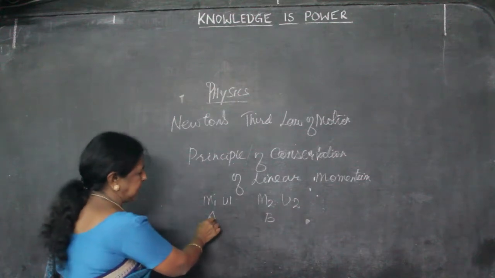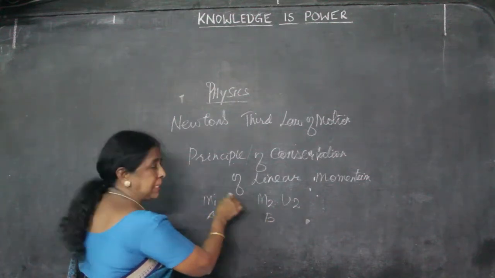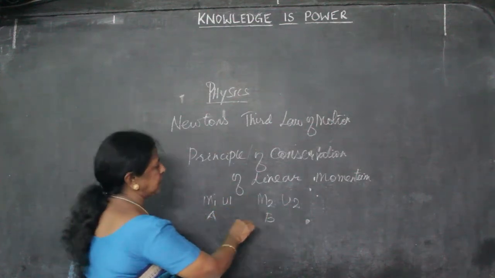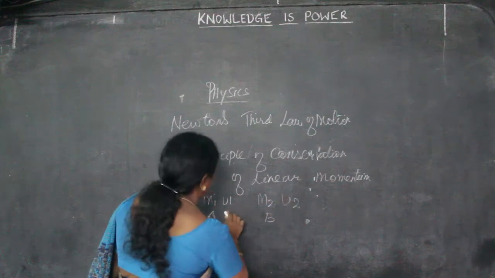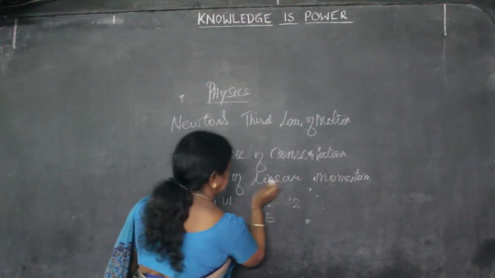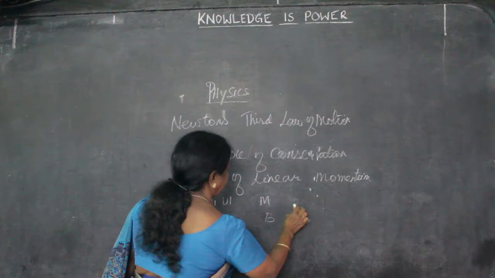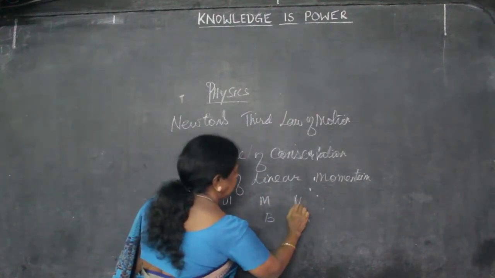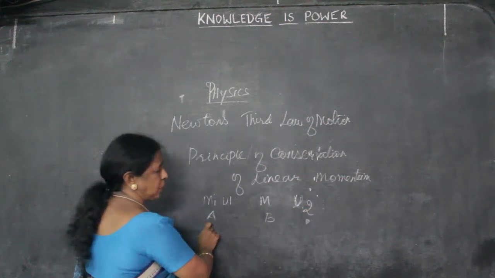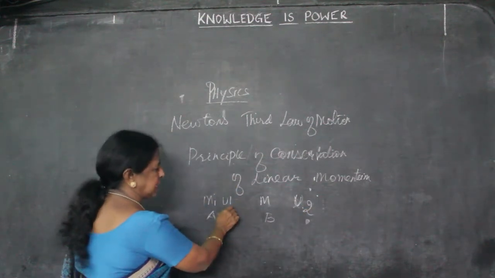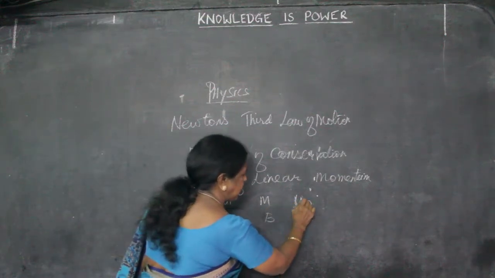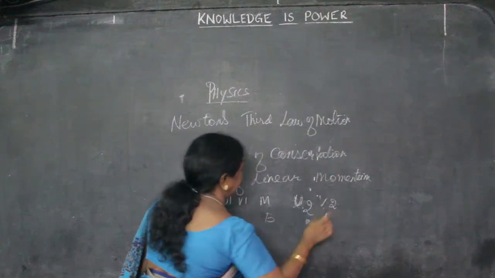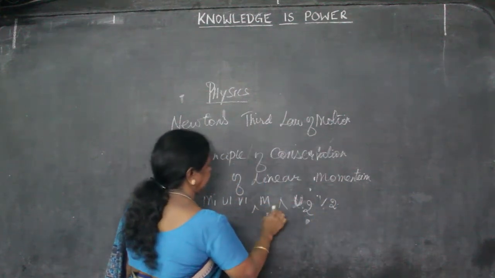So the first one is object A, the other one is object B. Initial velocity of object A is u1 and its final velocity is v1. For the second object B, the initial velocity is u2 and the final velocity is v2. The force is acting in between, that is here.